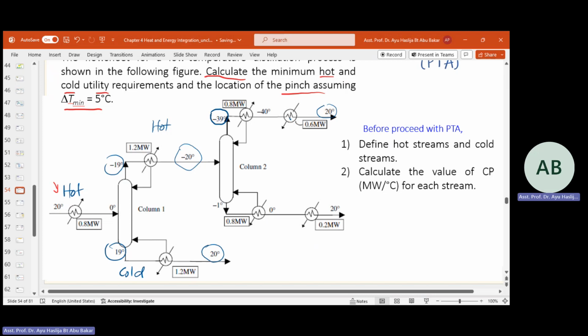Increase, cold stream. Now this one, -1 to 20.